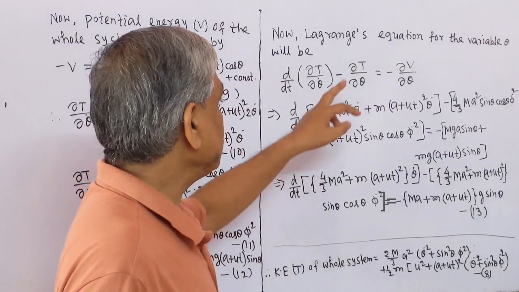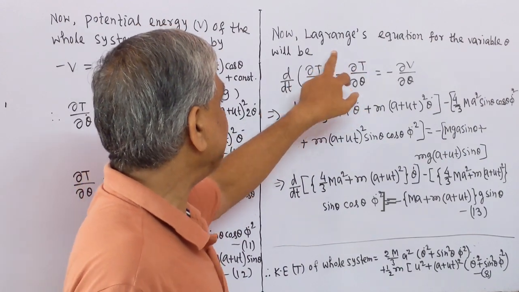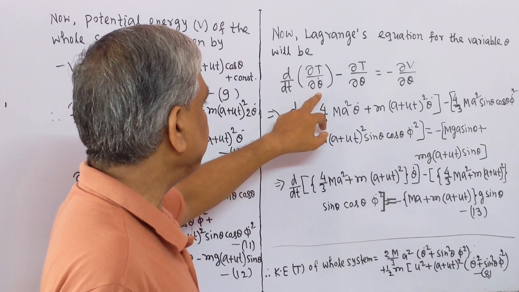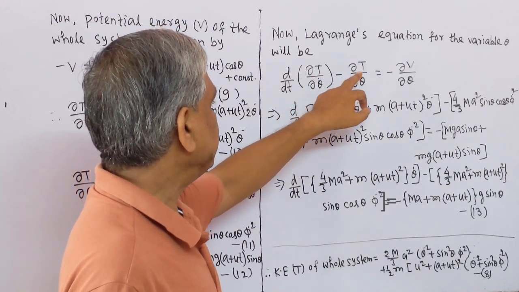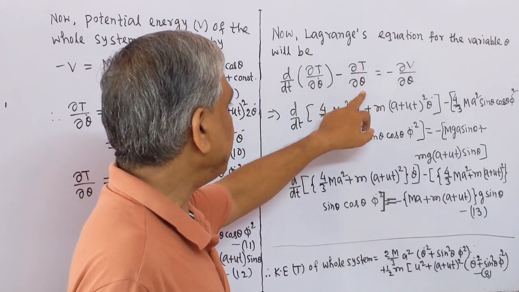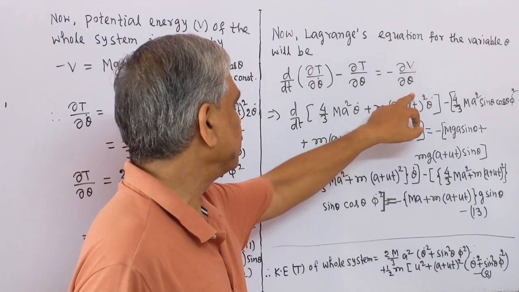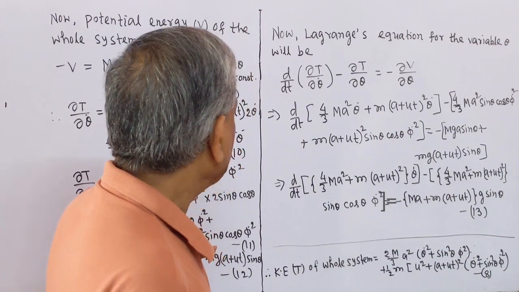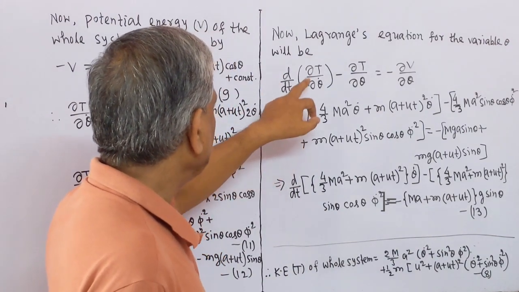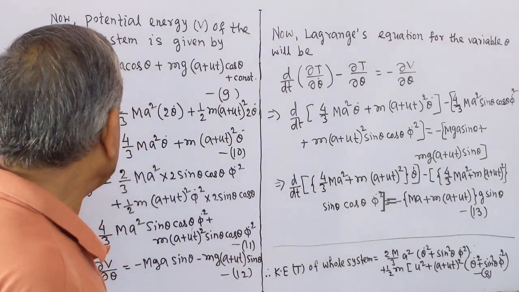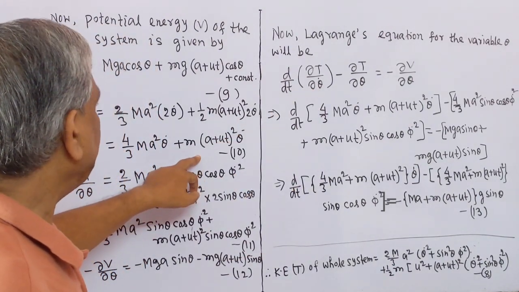Now Lagrange's equation for variable theta will be d by dt of the partial derivative of T with respect to theta dot, minus the partial derivative of T with respect to theta, equal to minus the partial derivative of V with respect to theta. Here in d by dt, we put the value of the partial derivative of T with respect to theta dot, number 10.